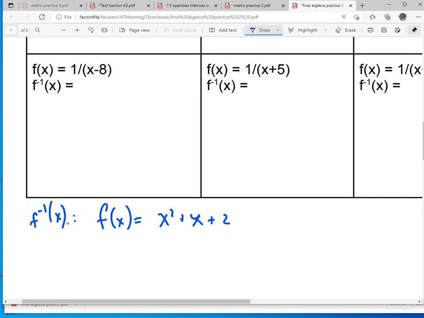We say y equals that, and then swap the x and the y's. So write it out. y is that. Now we swap x and y: x equals y squared plus y plus 2. And then solve for y.